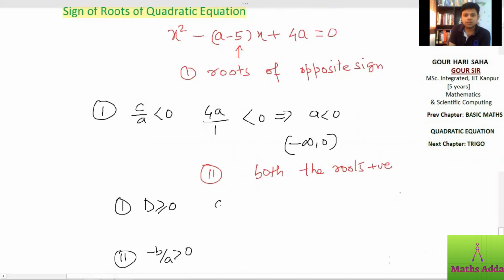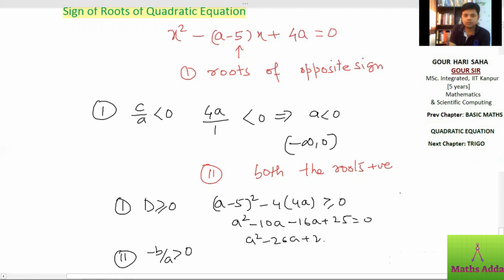D is (a minus 5) whole square, b square minus 4 into 4a, greater than or equal to 0. So it is a square minus 10a plus 25 minus 16a, that is a square minus 26a plus 25 greater than or equal to 0. This is (a minus 25) into (a minus 1) greater than or equal to 0.